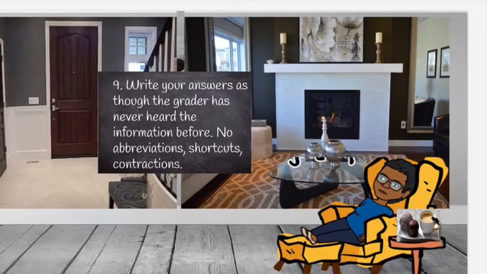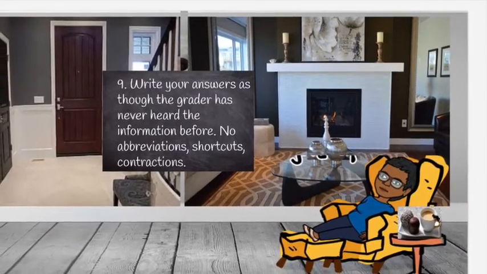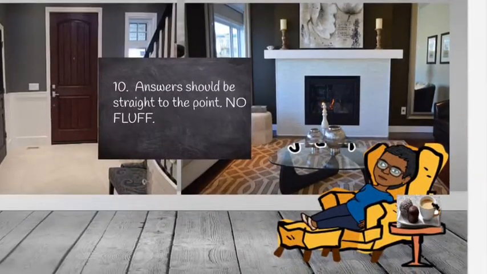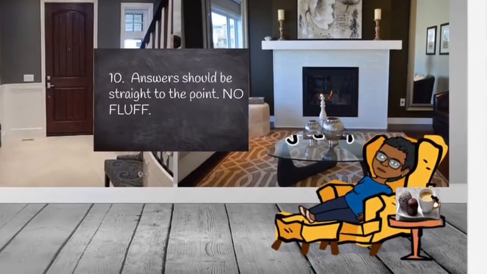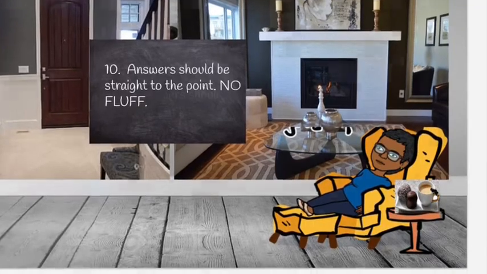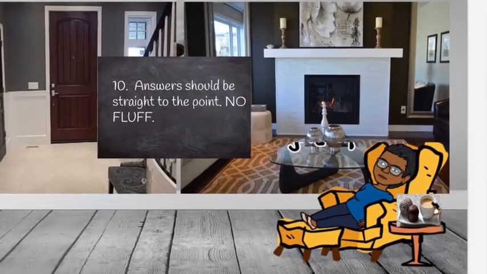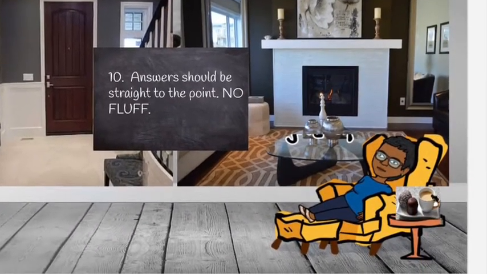The other thing to be mindful of when you're writing scientifically and you're answering free response questions is that you should make sure that you go straight to the point. Answers should be straight to the point, no fluff.